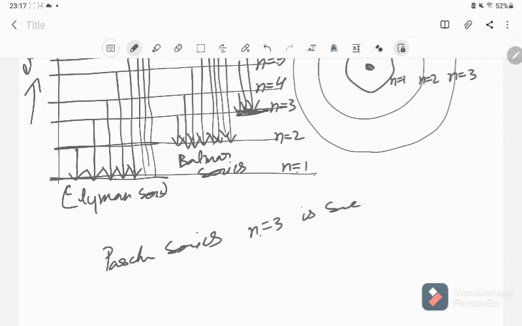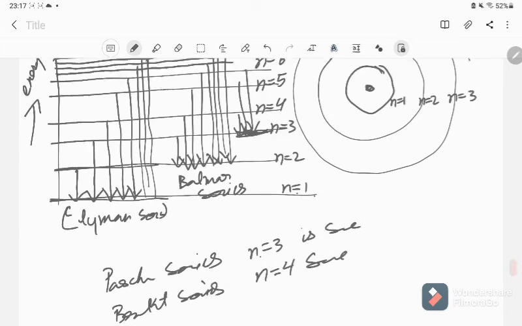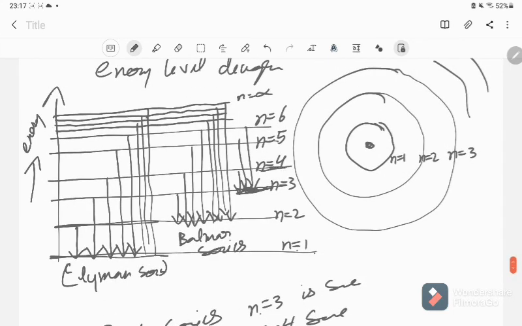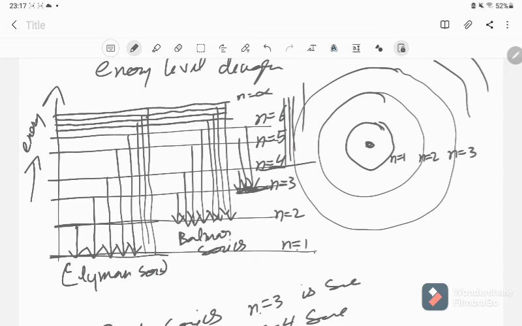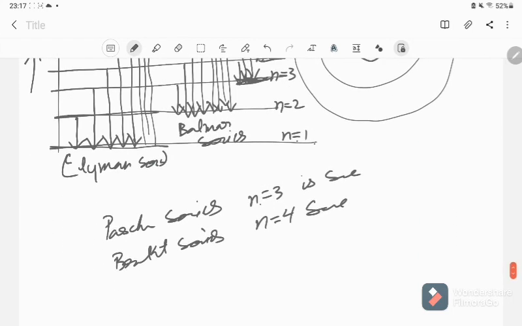Next is the Brackett series, where n4 is the same. And then the last one is the Pfund series. Here n5 is the same.